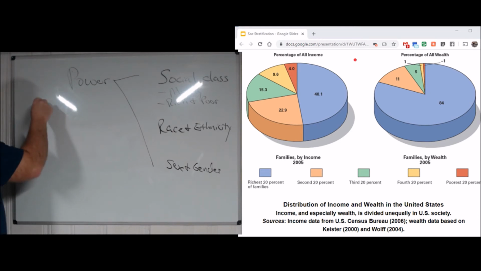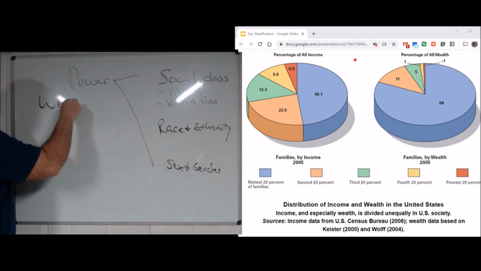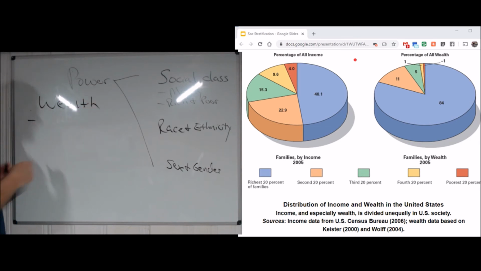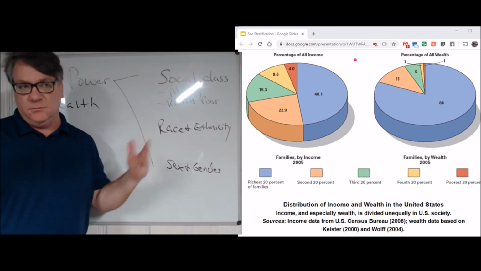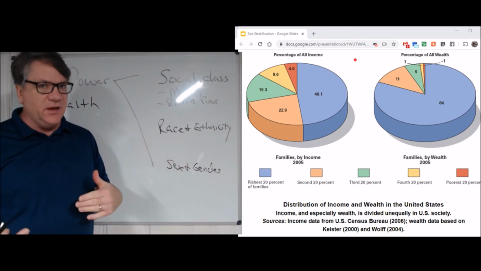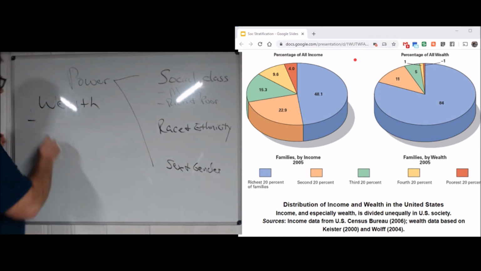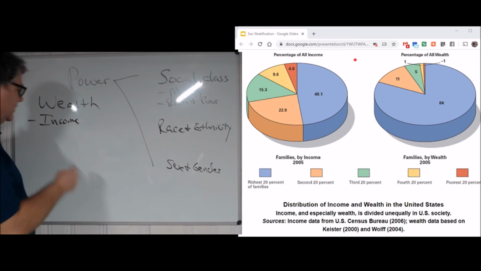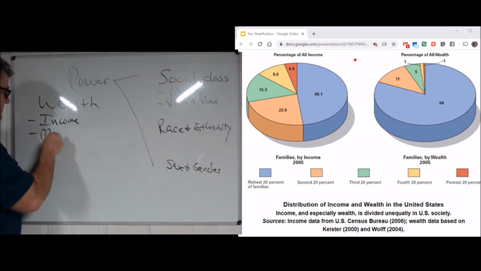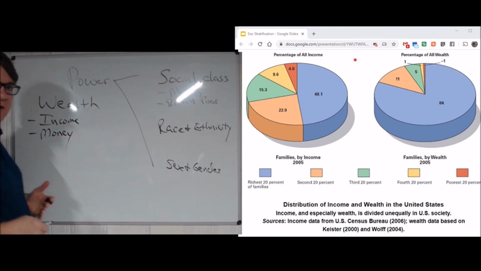So, when you have wealth, what is wealth made up of? Well, money, that's income, right? Well, money is not just income. You can think about income as money that you get from a job that you have. But do you get access to money by not having a job, by not working?